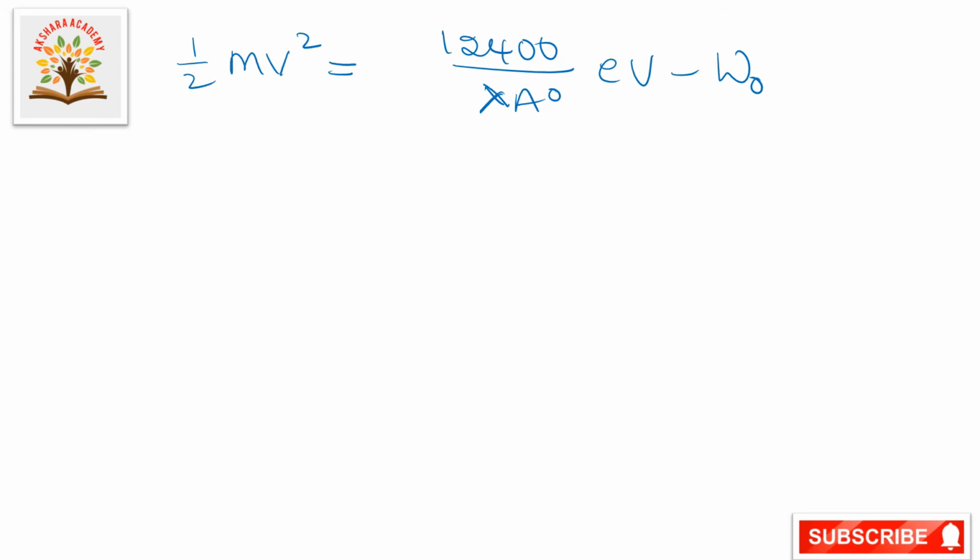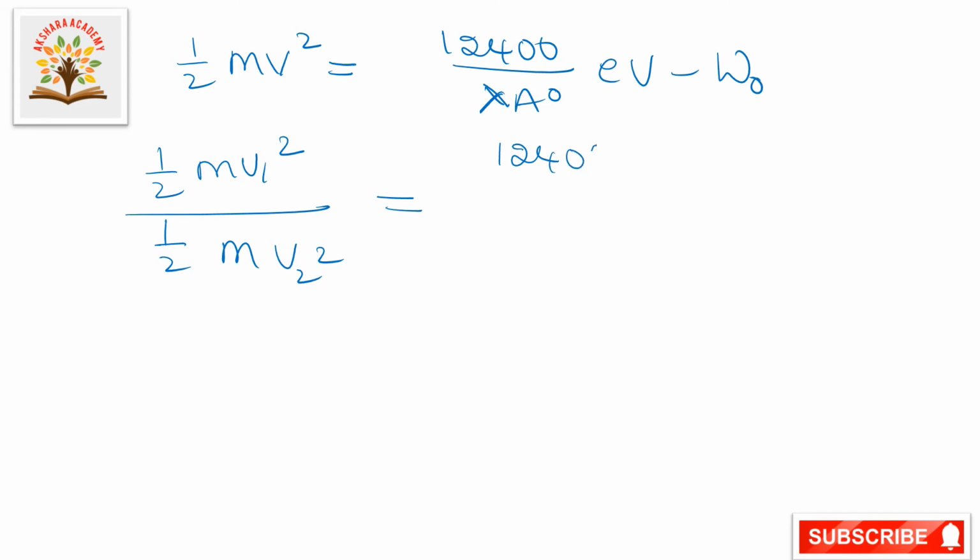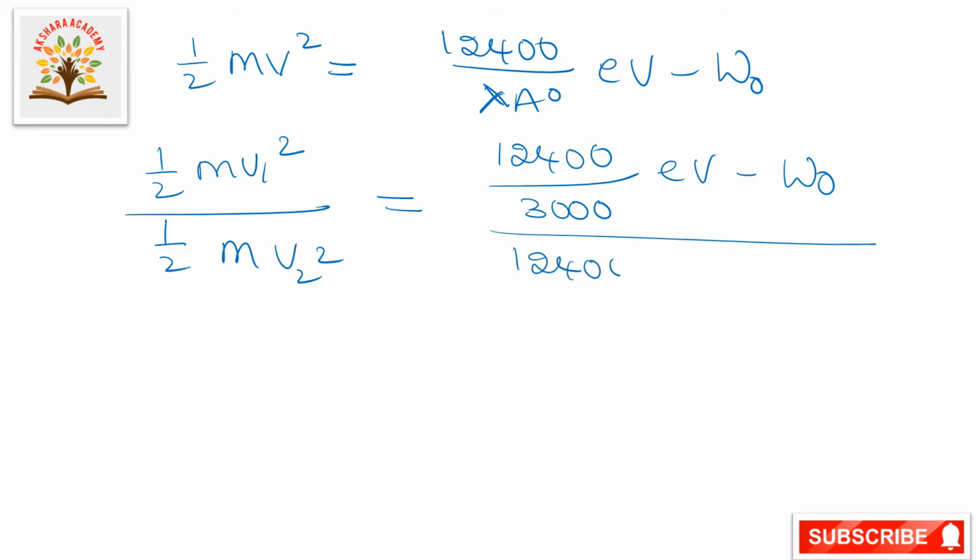Now this can be written as half m v1 square by half m v2 square, that is equal to 12,400 by 3000 minus work function by 12,400 by 6000 electron volts minus work function.